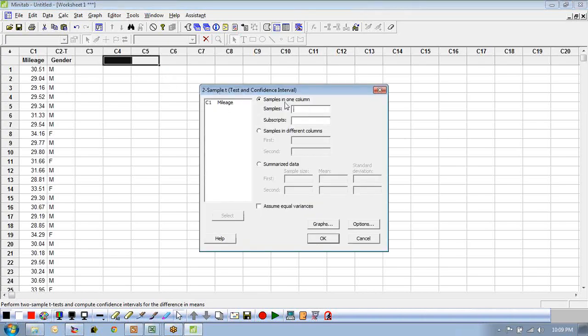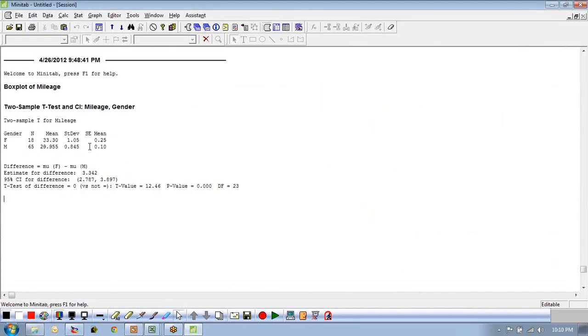We have samples in one column. Our sample is in mileage. Our subscripts or our labels are in gender. And go ahead and click OK, and there we are. And there's our p-value, which again is very, very small. It doesn't show it going to the 11 zeros, but you'll notice that we got the same confidence interval and the same estimate for the difference.